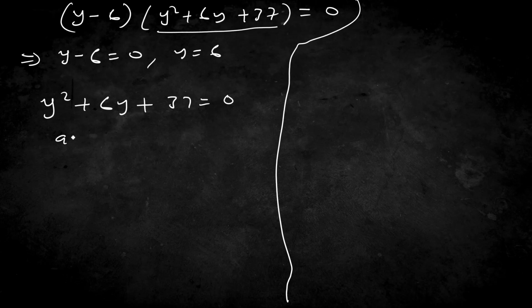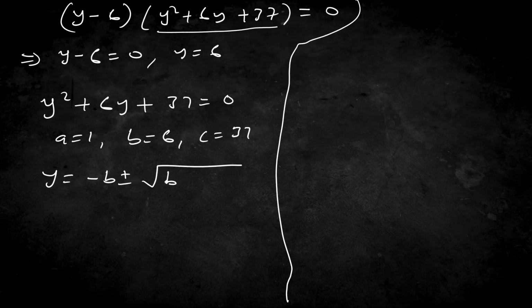So a is 1, b is 6, c is 37. So we have y equals minus b plus or minus the square root of b squared minus 4ac, all on 2a.